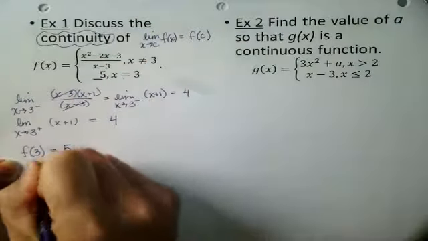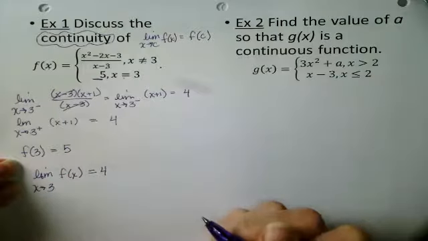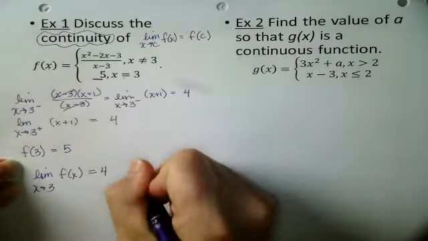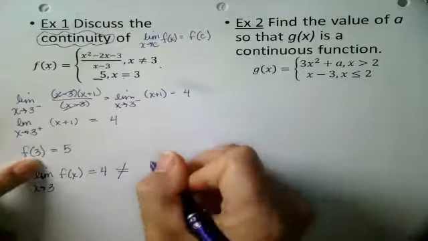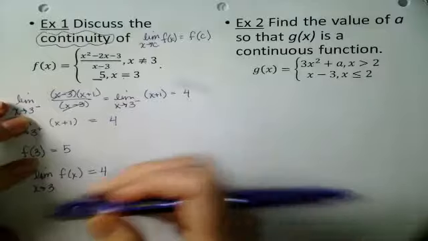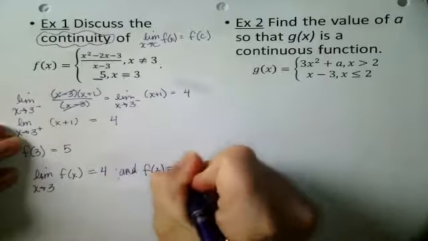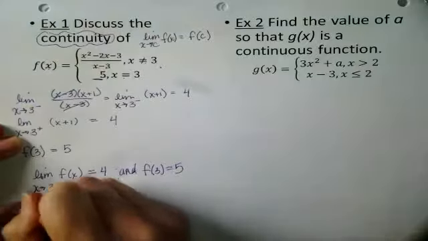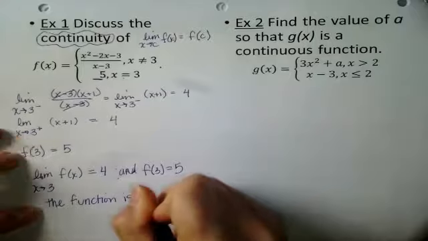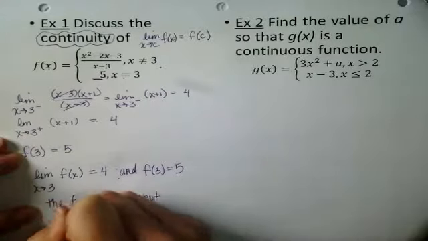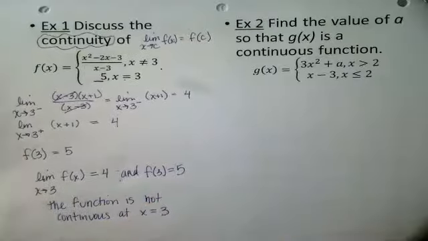So we know that the limit as x approaches 3 of our function equals 4, and the limit does not equal, I don't know the best way to say this, I'll just write it out, f of 3 equals 5, which means the function is not continuous at x equals 3.